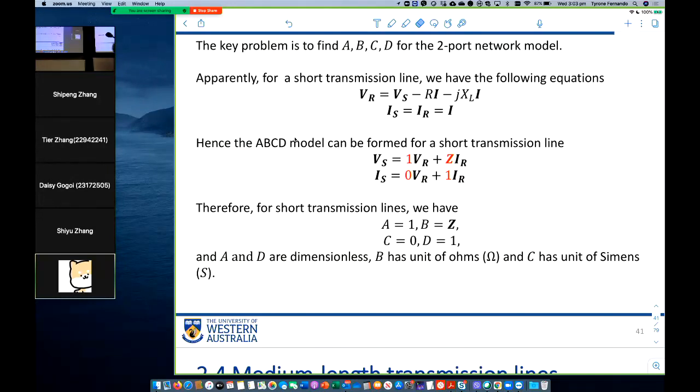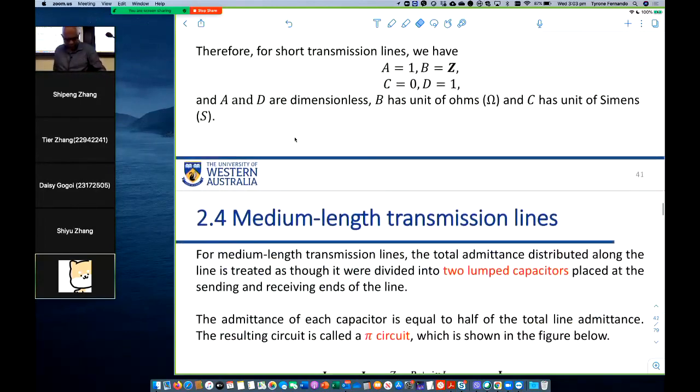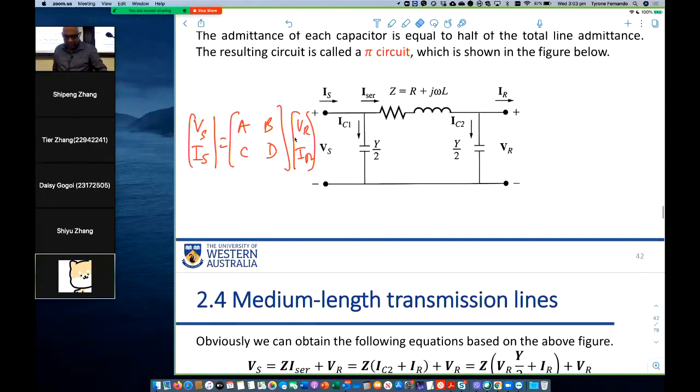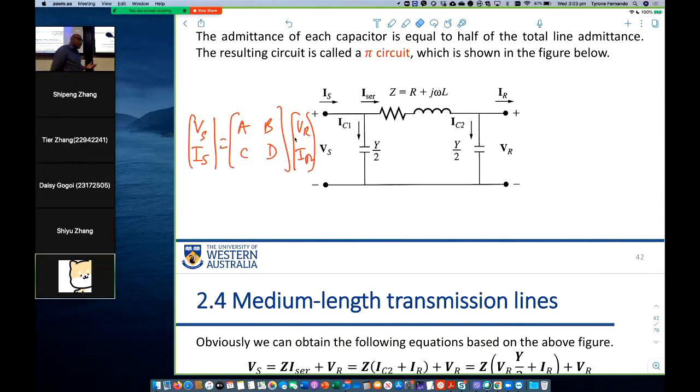So that's fairly straightforward. Now for a medium length transmission line, because a short length transmission line is essentially just a series impedance, R plus jX, a medium length transmission line is a pi model.